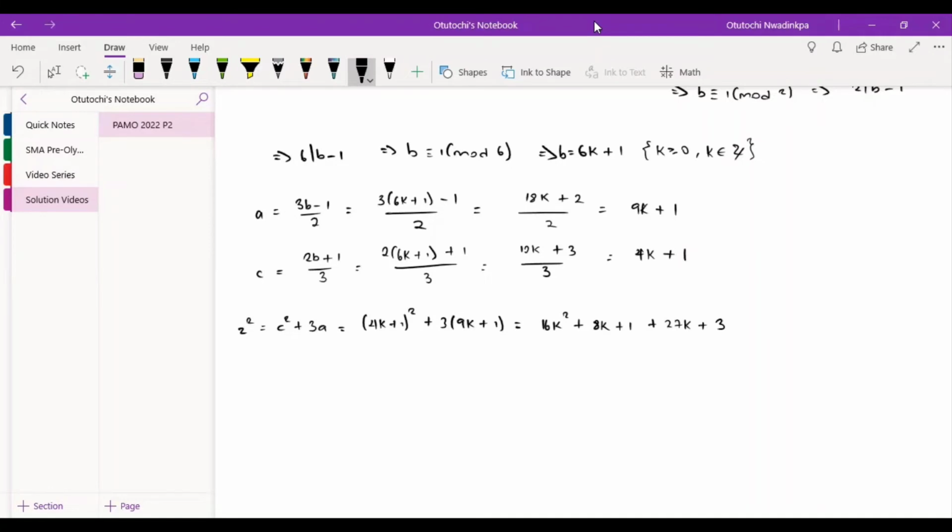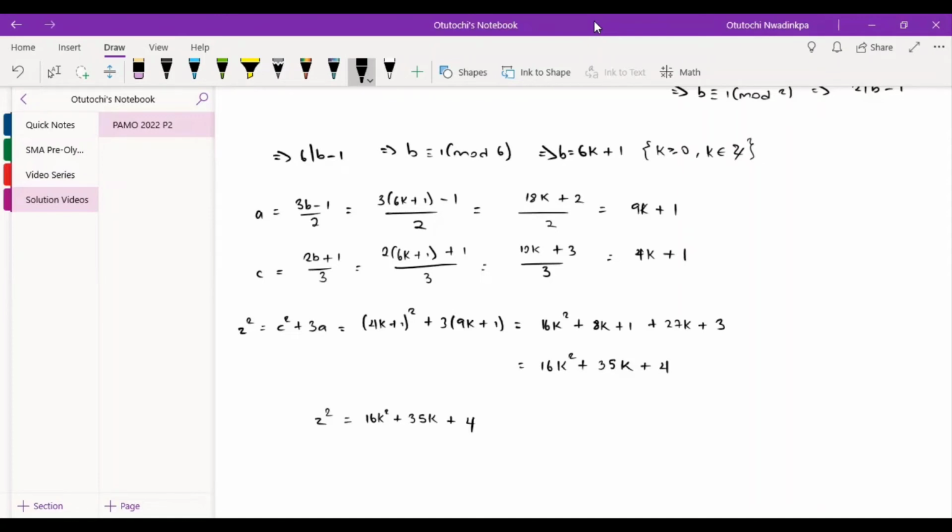And of course this is equal to 16k squared, 8k plus 27k will give us 35k, plus 4. Now we have z squared is equal to 16k squared plus 35k plus 4. Now this is what we wanted, right?